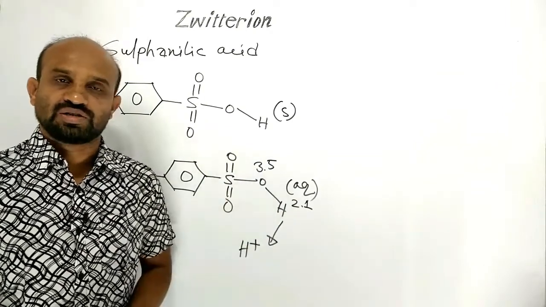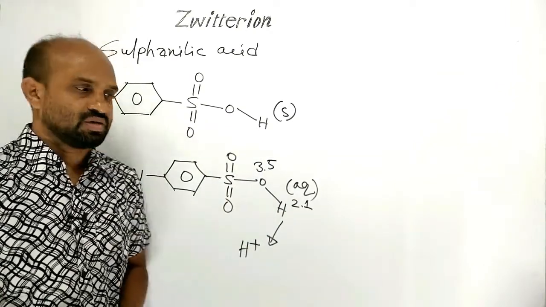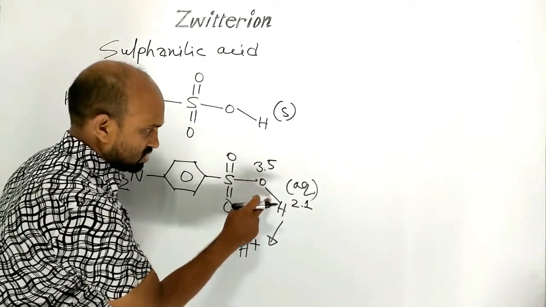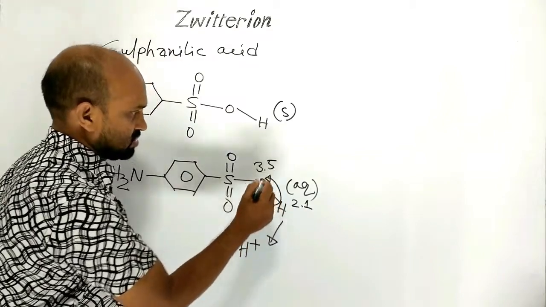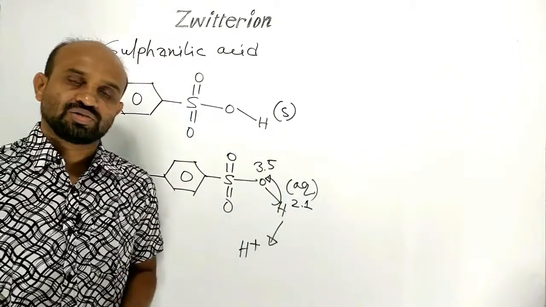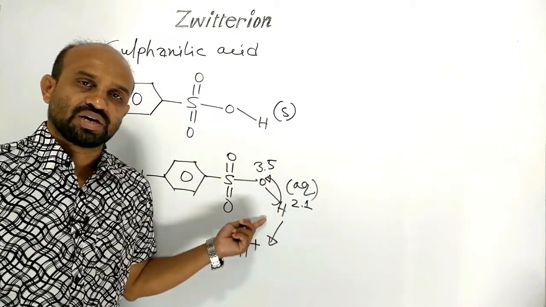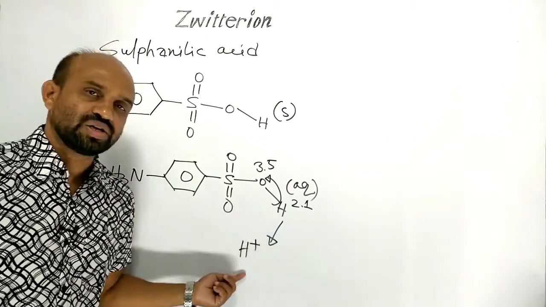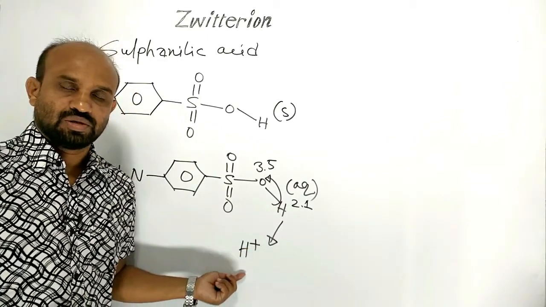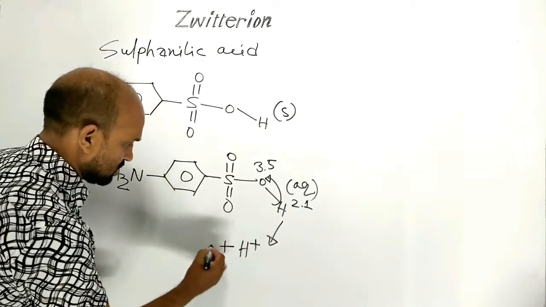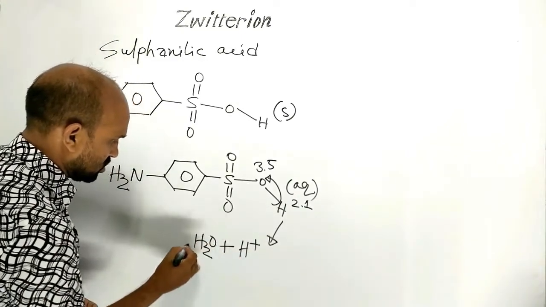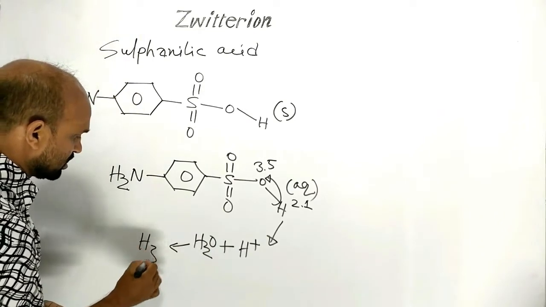Because of this, the oxygen-hydrogen bond undergoes a heterolytic fission, and as a consequence this hydrogen gets freed as a proton, which combines with water to form hydronium ion.